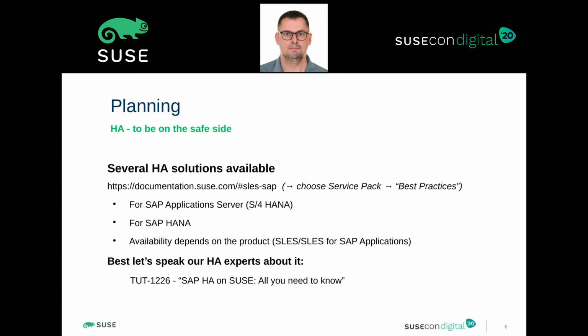If you go to our documentation page and select SLES for SAP Applications as a product, go to the service pack, then you will have a page with the links to the various guides, and there's a section called best practices. This section contains all the available documents on how to set up the HA solution, which is available and which is not depends a little bit on the product. I will talk in more detail about that on my next slide.